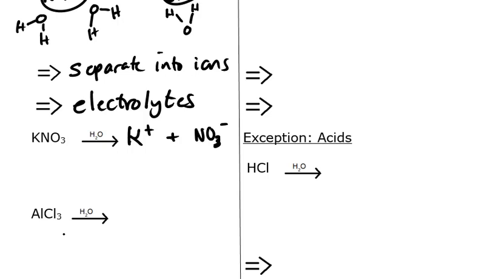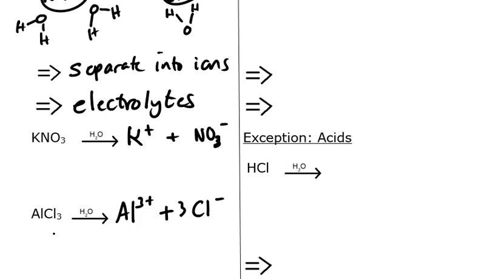And aluminum chloride separates into its ions. The aluminum becomes Al3+, and then the chlorides are each separate anions of Cl-, so you get 3 Cl-, which means you have a total of 4 ions for each ionic compound formula unit in aluminum chloride.